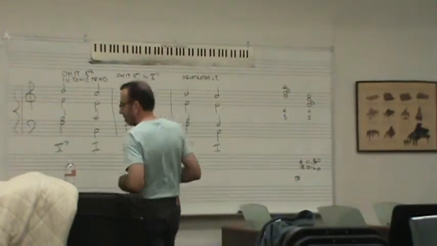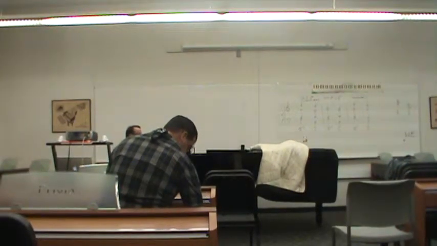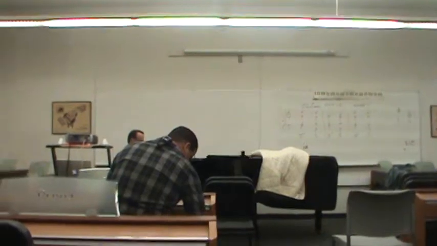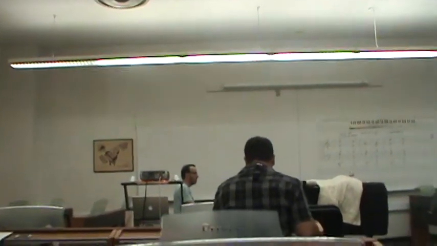There's a good example of this in the book, actually. There's a couple things I wanted to play for you. So one thing is that on page 212, they have an example where they have a progression, and the seventh resolves as it should.